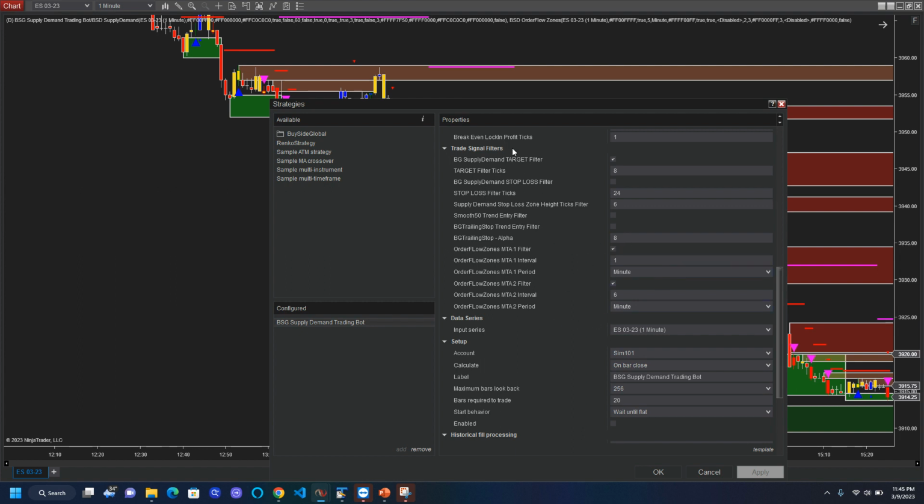And then the second one: we want to make sure there's room for a target, but we are going to ignore this on a trending day. On typical normal days, we strongly recommend always using a stop loss filter. Define the stop loss, 24, 30, 20, doesn't matter. Always use it. On a trending day, if you check this on, you're going to miss a lot of signals because on trending days every candle is moving faster.